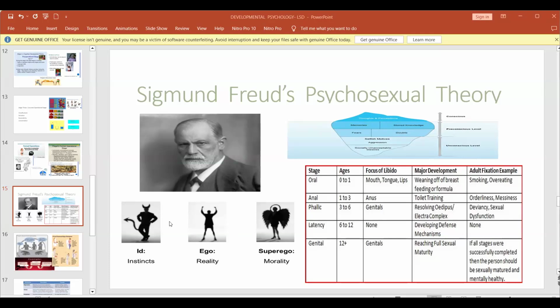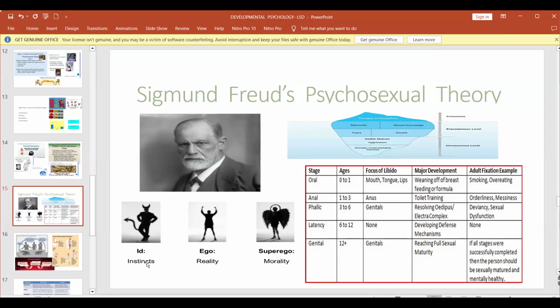First, the id. When the child is born, up to 1 year, the child has only the id component of our personality. As you see in the image, it is actually the naughty fellow, right?